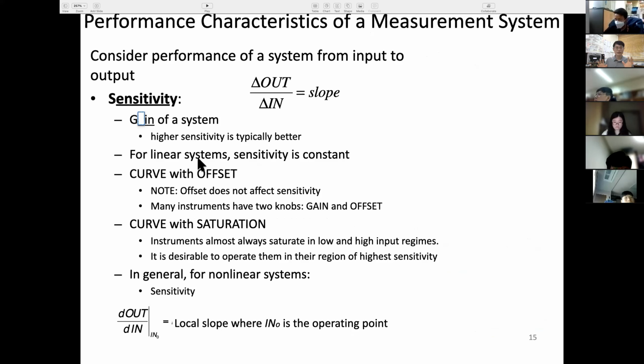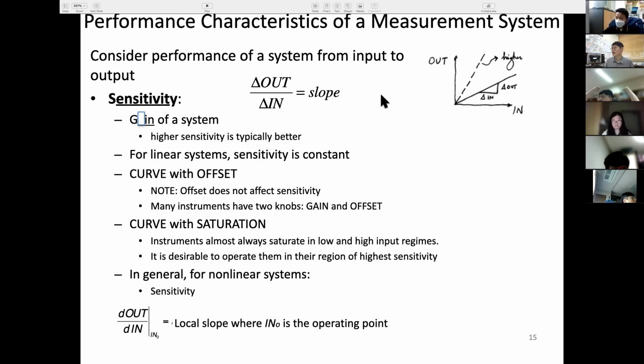And when we consider the performance of a bio instrument, from input to output, one of the most important questions is, how sensitive is your instrument? And we can define the sensitivity as this. So when the input changes, how sensitively can you detect it.